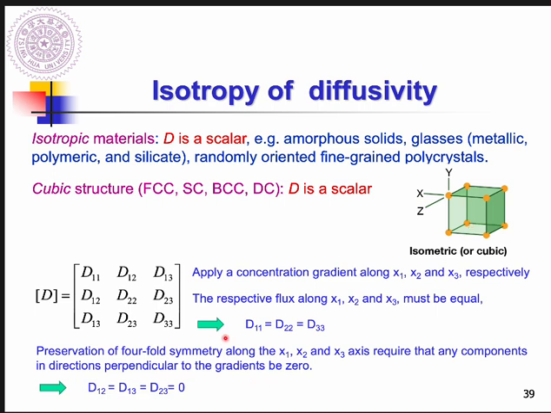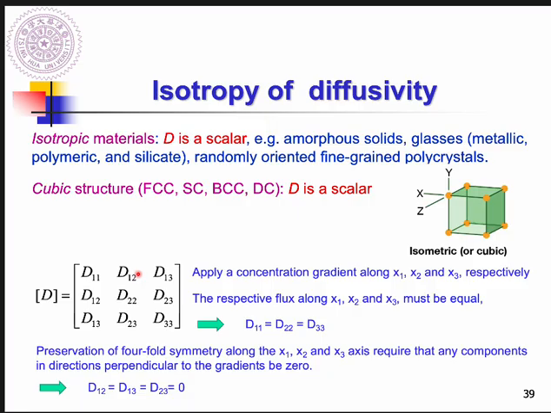So under these situations, you have D11 equals D22 equals D33, and the rest of the diffusivities equal 0. This is what we call isotropic materials.